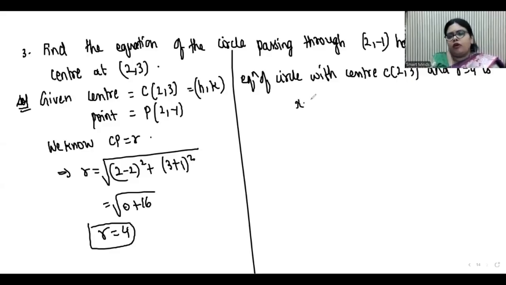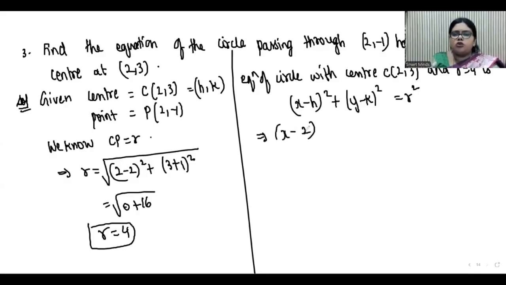The formula is (x minus h) whole square plus (y minus k) whole square equals r square. So (x minus 2) whole square plus (y minus 3) whole square is equal to 4 square.